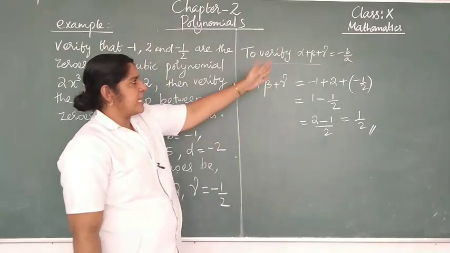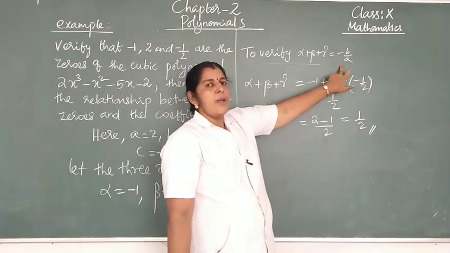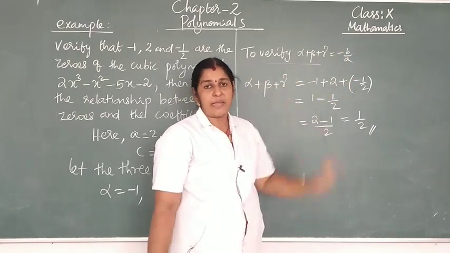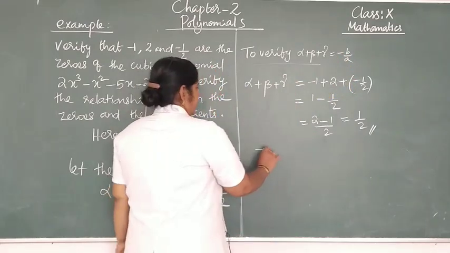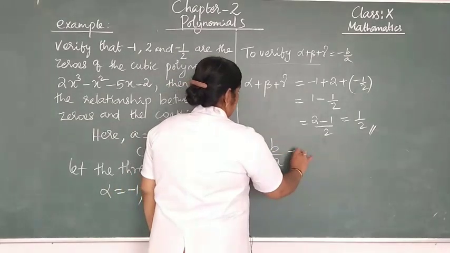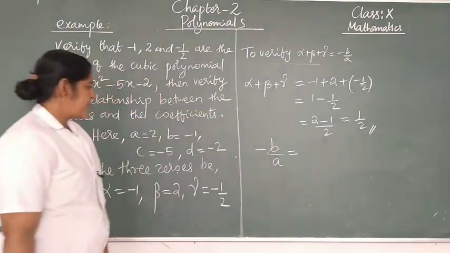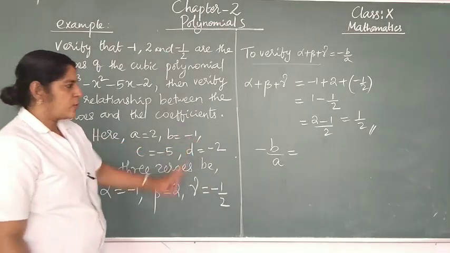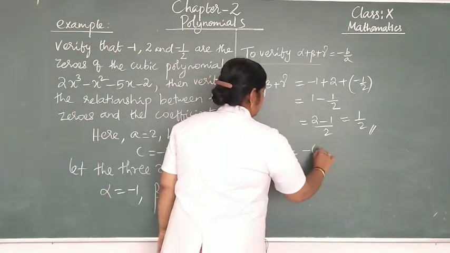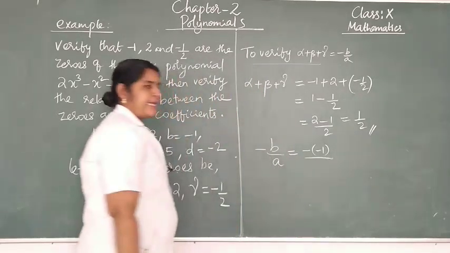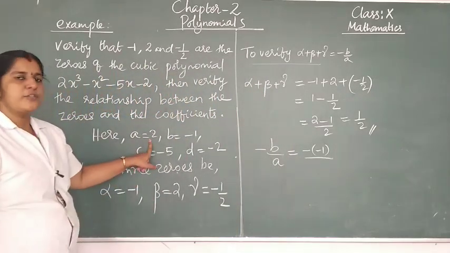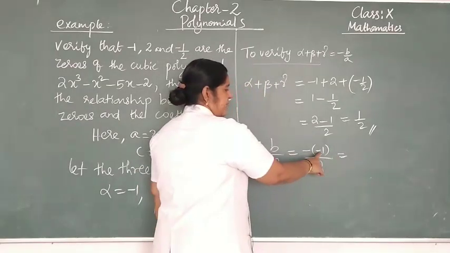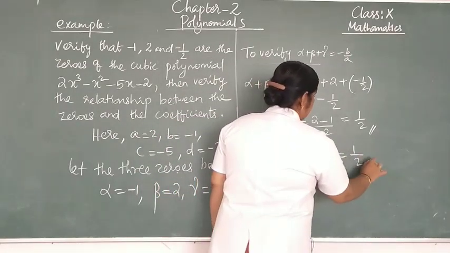Now using the relation, what is the other side? -b/a. Now let us find out what is the value of -b/a. So -b/a equal to, what is minus of b? B is -1. So minus of -1 by a. What is the value of a? 2. So what is minus of -1 is 1/2.